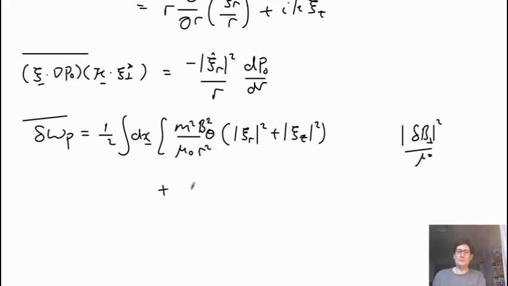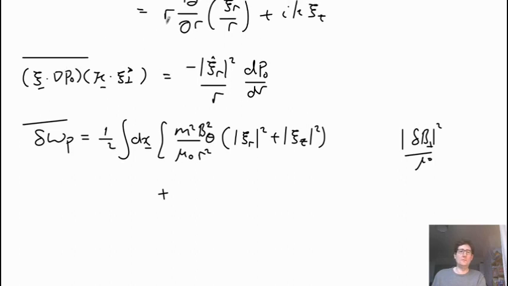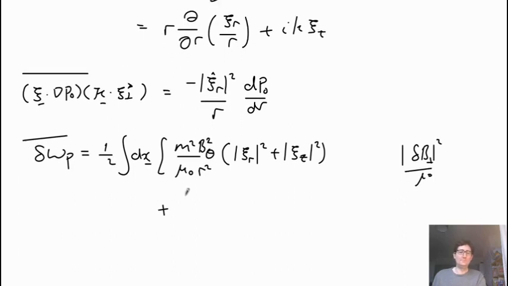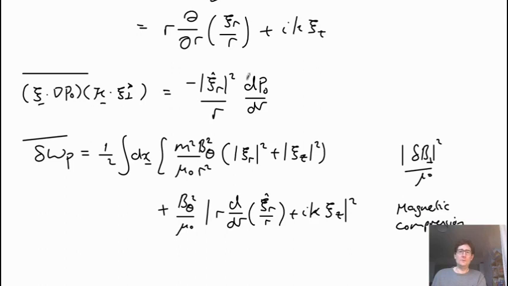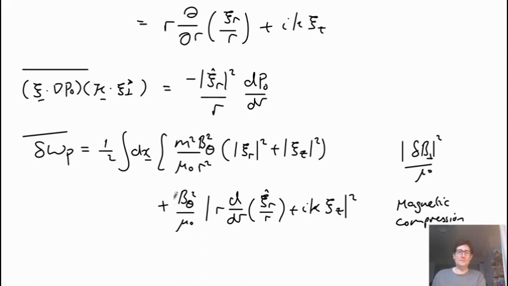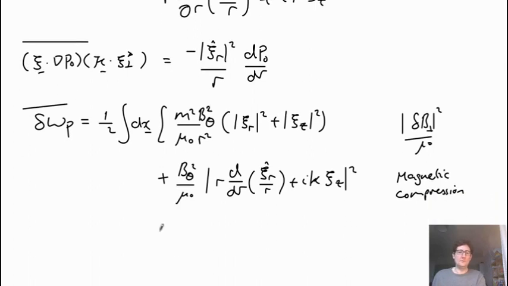Then we add on the parts from the magnetic compression, so this part here, and then finally the term from the pressure and curvature drive, just this one here. There's a factor of -2 at the front, and so this whole thing just becomes a +2 here, psi r over r, and then a dp naught by dr. So those are the three components that are not zero in this case.